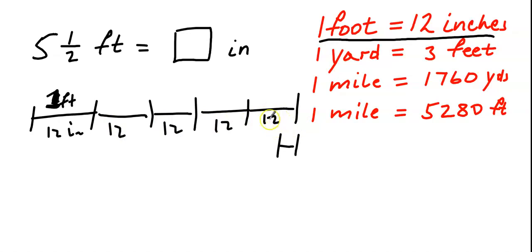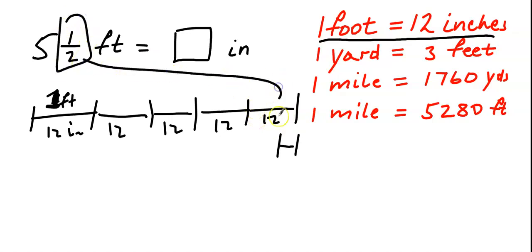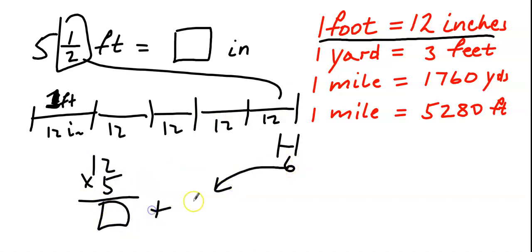Half of the 12 inches would have to be another 6 inches. So we can do it this way. 12 times 5. Find the answer, and then add the extra 6 inches from the half a foot. 12 times 5 is 60, plus the extra 6 should be 66 inches.